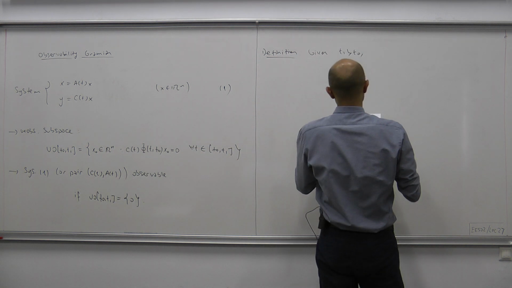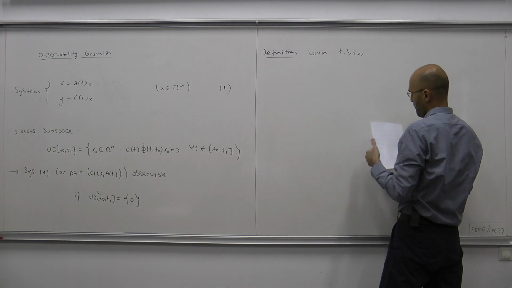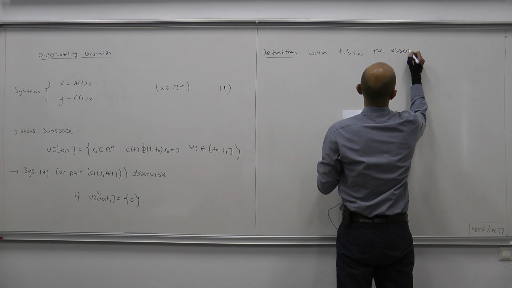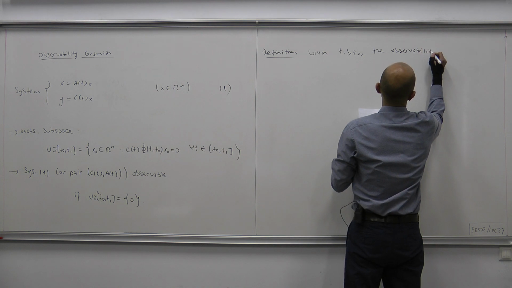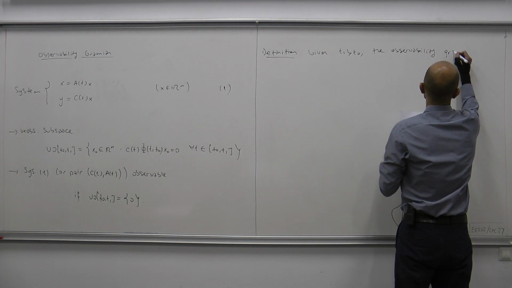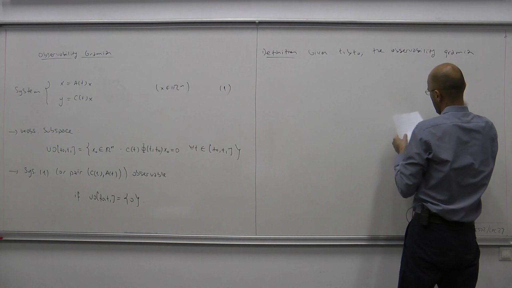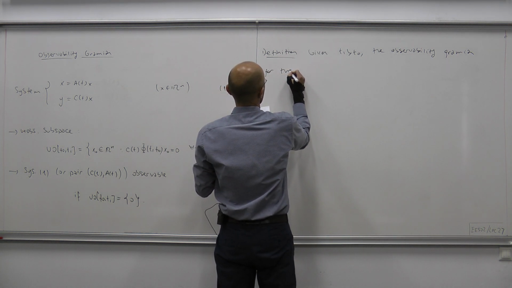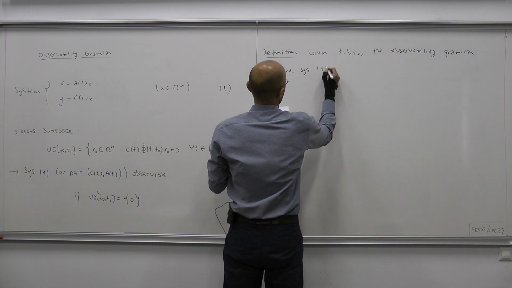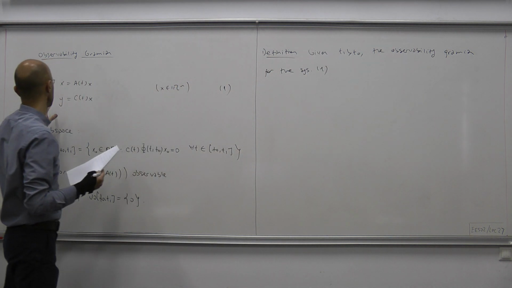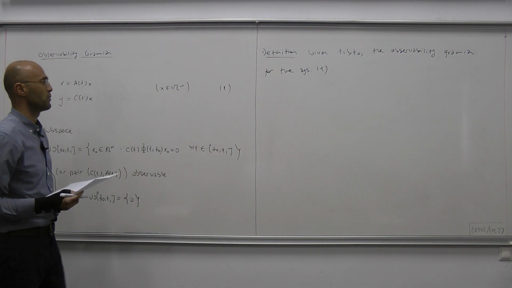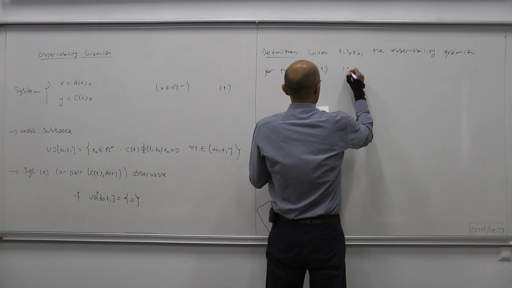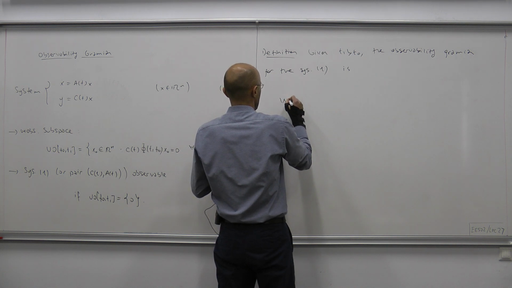The observability gradient for the system x dot equals Ax, y equals Cx, system 1, is constructed as follows.